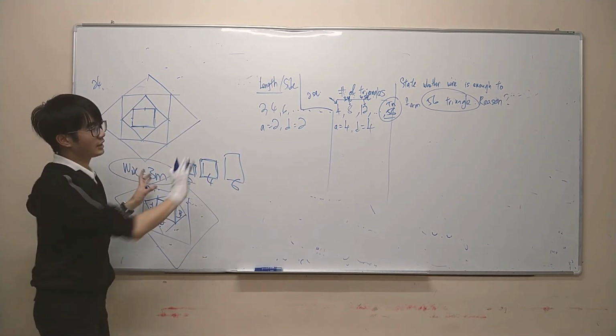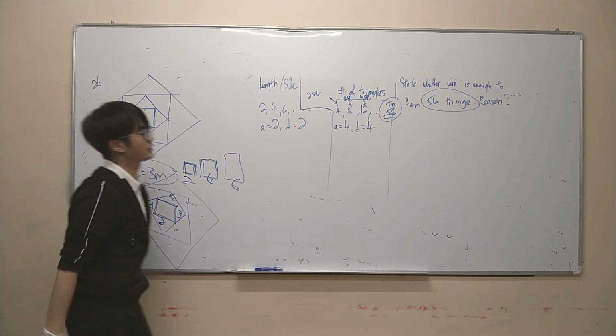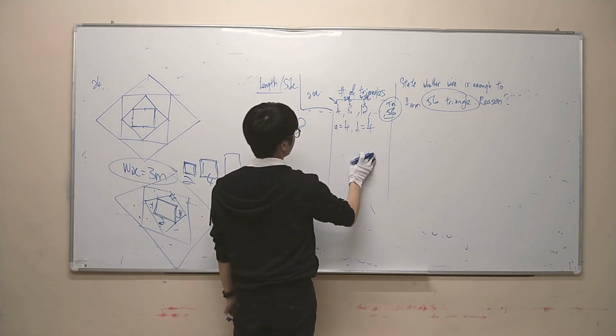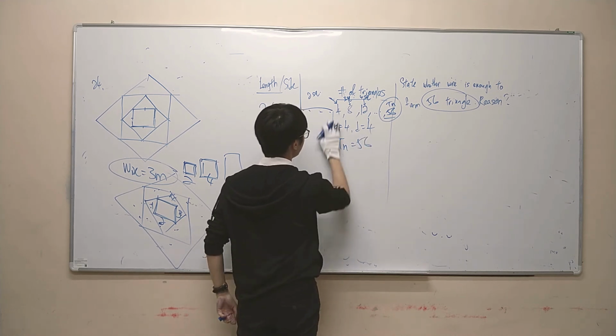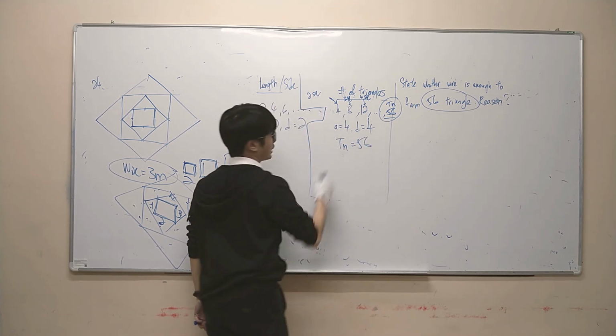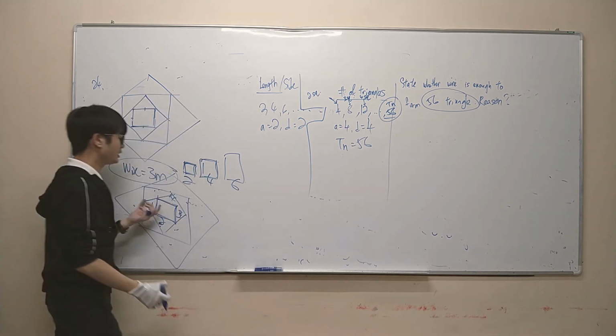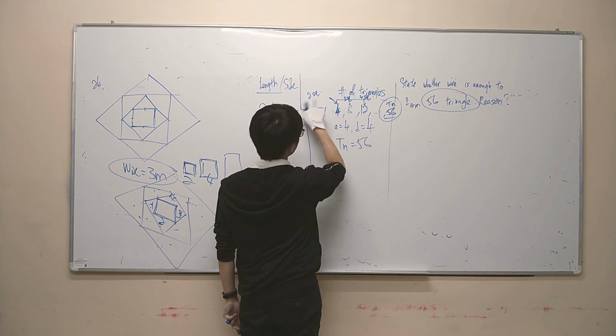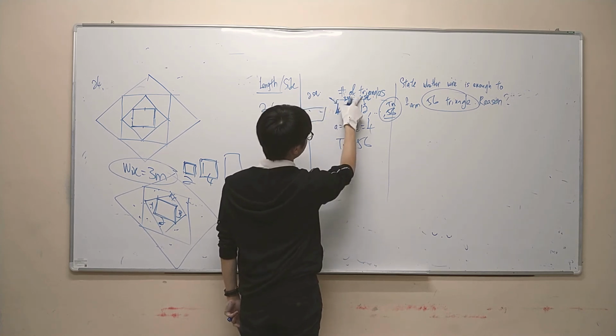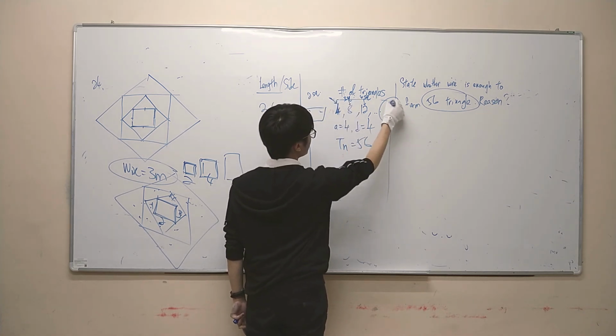So then later I compare, is it enough or not? So first of all, I need to find out Tn equals to 56, and then I need to know that kalau nak form 56 triangles, kena ada berapa square. So kalau sini, kalau letak 2 squares ada 4, letak 3 squares ada 8, kalau letak 4 squares ada 12. So kalau saya nak 56, nak letak berapa?